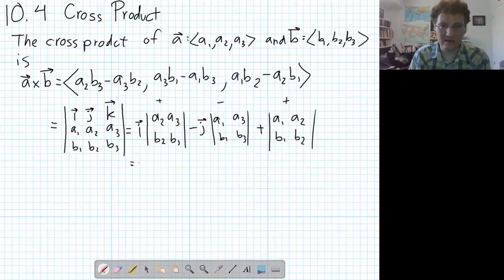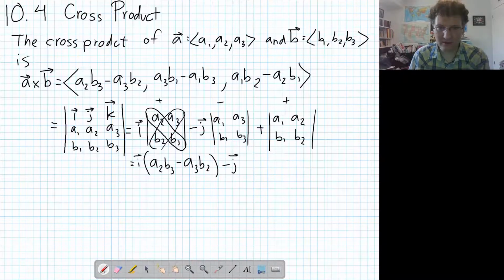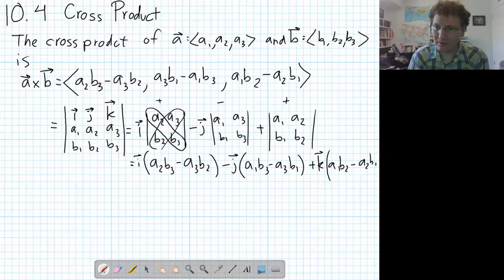And each of these, what you get is you take the diagonals, and you take this diagonal product minus that diagonal product. So it's A2 B3 minus A3 B2, minus the j vector times A1 B3 minus A3 B1, then plus the k vector times A1 B2 minus A2 B1.